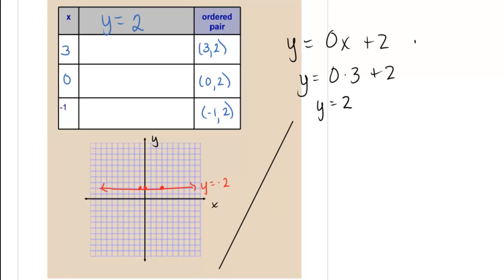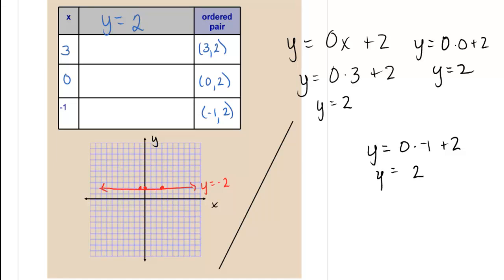I chose 0 and y equaled 2. And then I chose negative 1 and that equaled 2 as well.